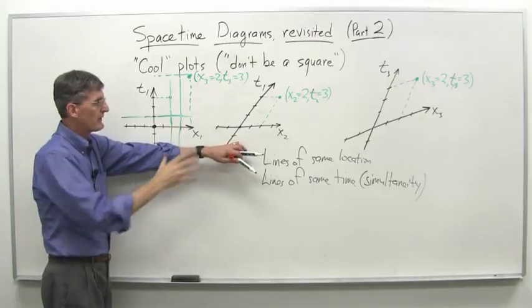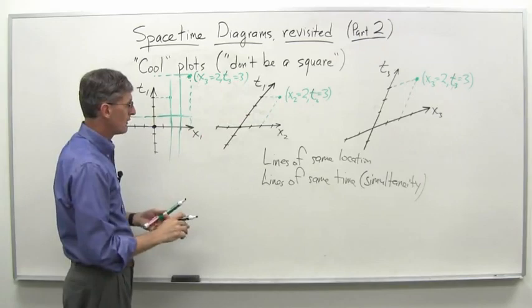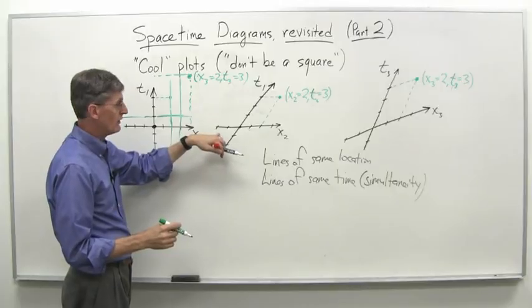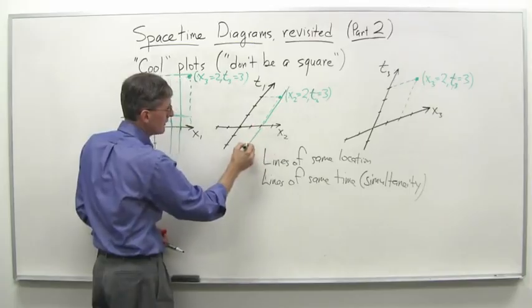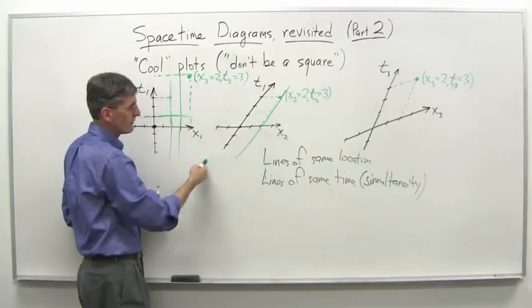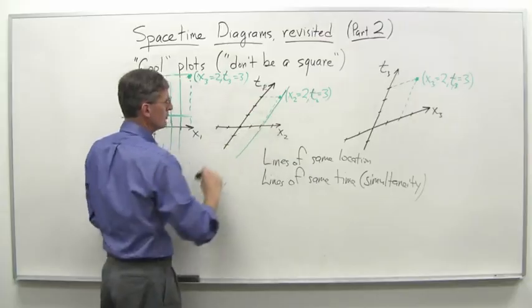And the same thing when we get these skewed plots, as it were, these non-square plots. The lines of same location here are going to be like this. They're going to be parallel to the t-axis, because the t-axis is the line of same location for x equals 0. Oops, that's not a t1 there. Sorry about that. It should be a t2.